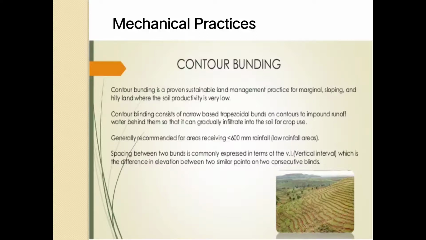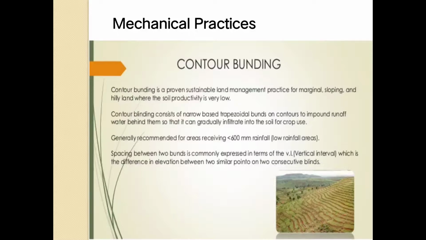Then the spacing between two bunds is commonly expressed in terms of the vertical interval, known as the VI. VI stands for vertical interval, which is the difference in elevation between two similar points on two consecutive bunds.